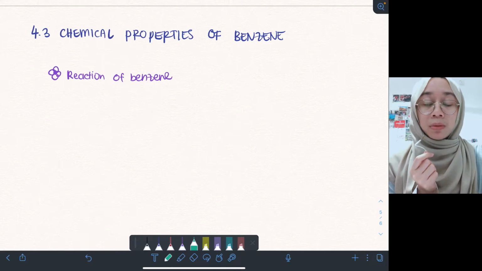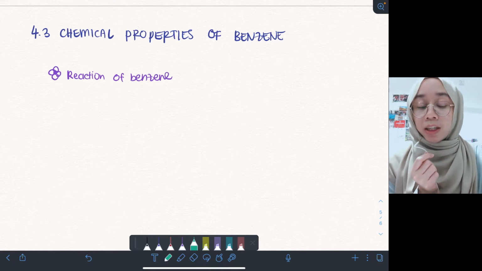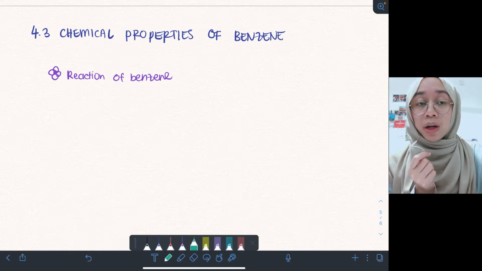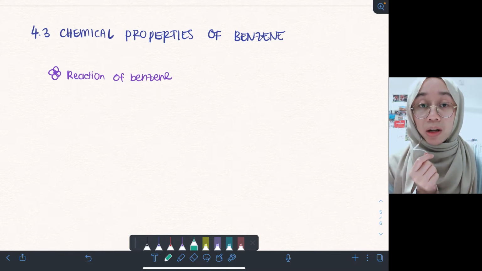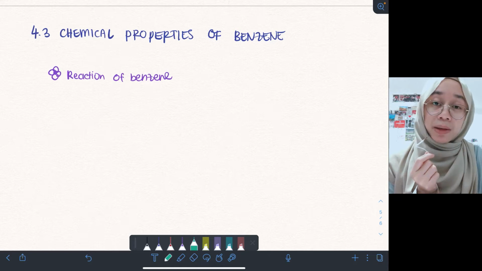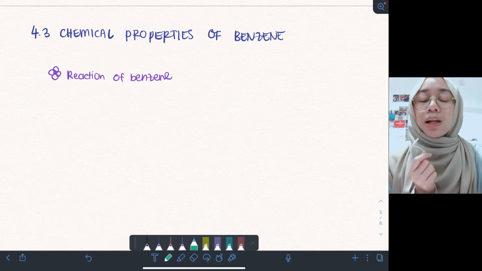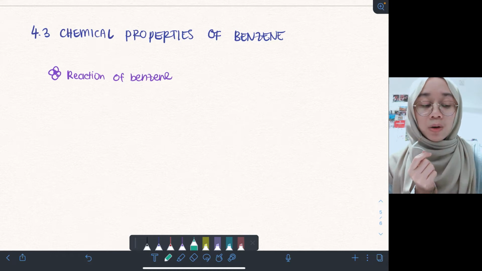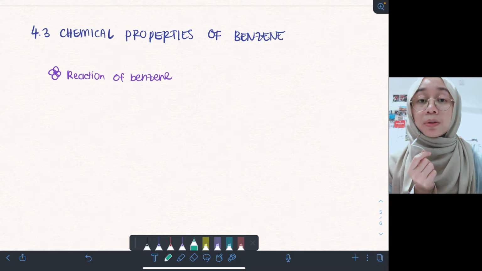Walaupun dia ada banyak double bond, tapi dia lagi tend to react via substitution reaction. This is because benzene ring is a very stable compound. Kalau dia donate one of dia punya pi bond, nanti dia bukan dipanggil sebagai benzene ring dah kan, and then dia punya stability pun nanti dah jadi berkurang juga sebenarnya. That is why benzene ring ni dia tend to undergo substitution.